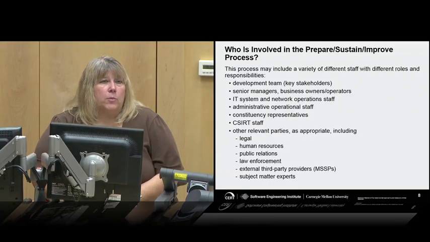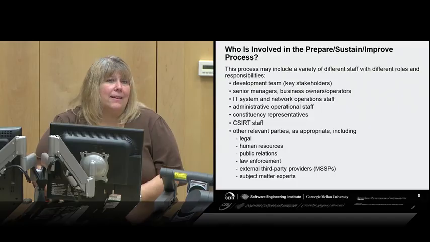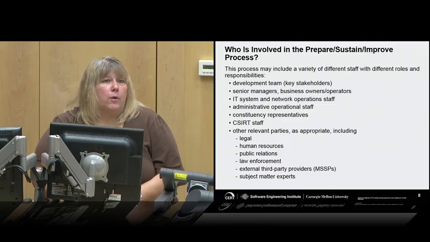Many of the incident management functions, as far as the needs and the requirements, may come from IT, system and network operations staff, and even representatives from the constituency.